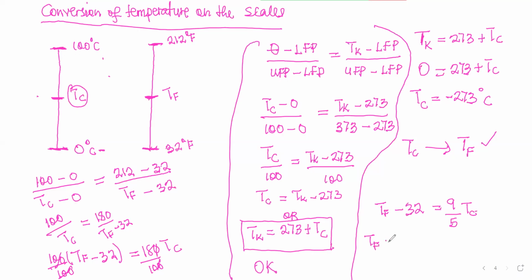So TF here would be equal to 9 on 5 times TC plus 32. Well, this is how we can convert temperatures on the Fahrenheit and Celsius scale. Okay, now, example.